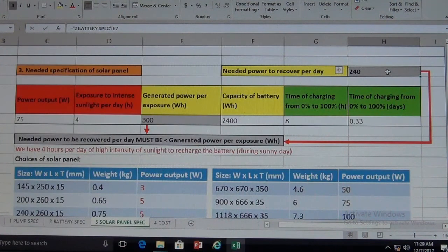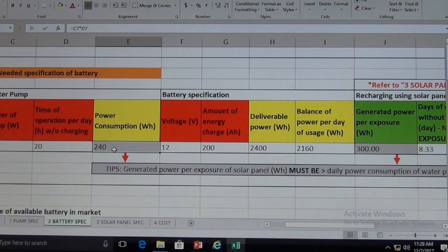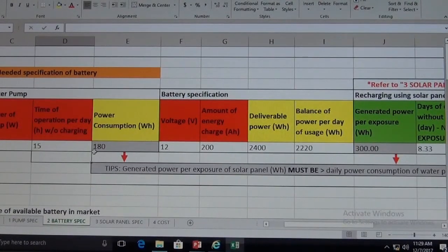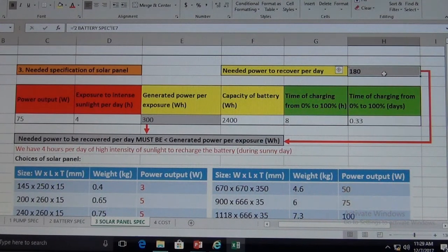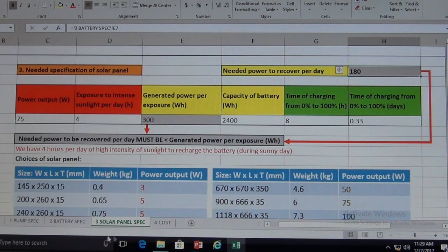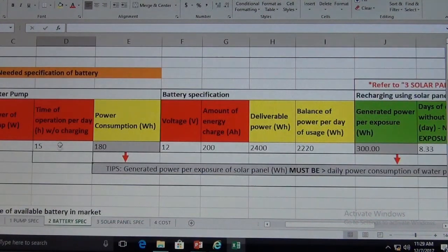It is automatically keyed in by the system by referring to the previous slide. Let's say we change this one to 15, so we need 180, and it is calculated over here automatically.